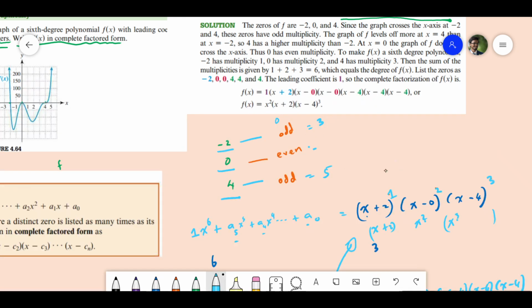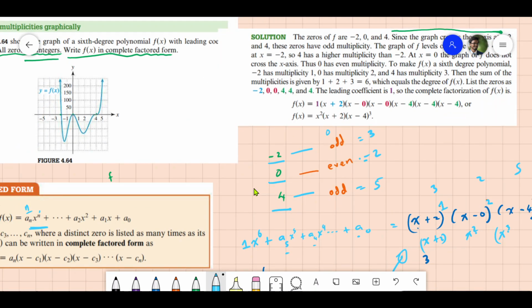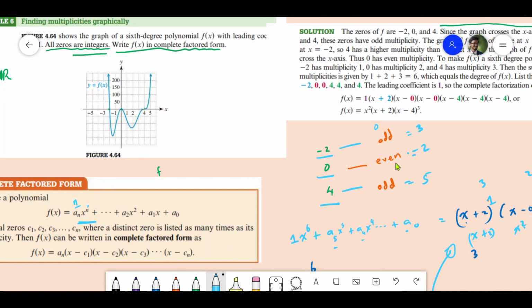And this combination, that is 3, 2 and 5, will not add up to 6, so that cannot be true. Because in the first place they have given that the polynomial we are dealing with is a 6th degree polynomial. So likewise, none of the other combinations will give 6 when you add up all the multiplicities.